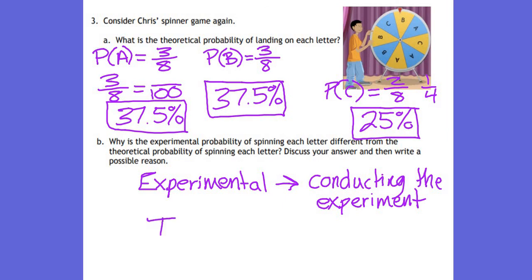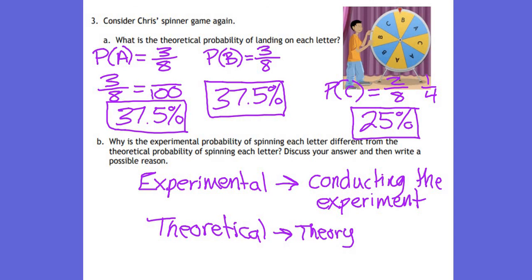Theoretical, sounds like theory. Where do I get the information for theoretical probability? What am I looking at? The number of outcomes. What did I look at on this problem here? The spinner. So I'm looking at the object.